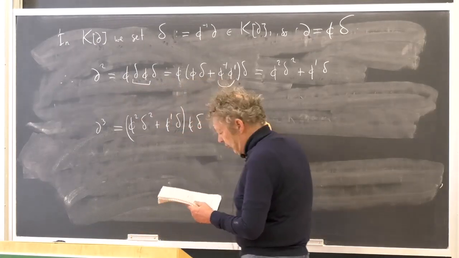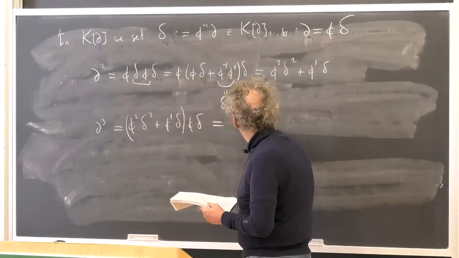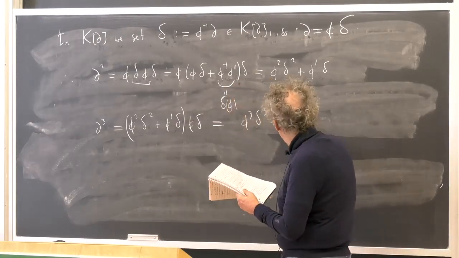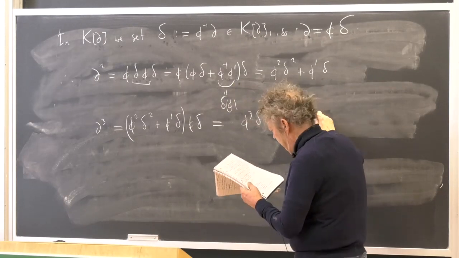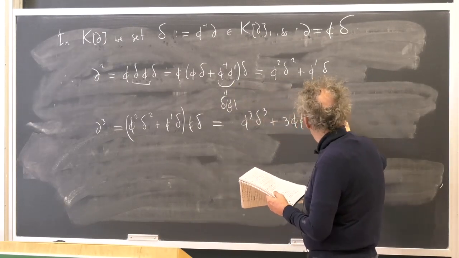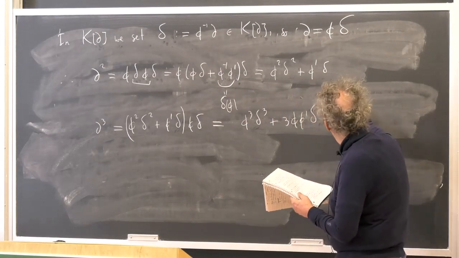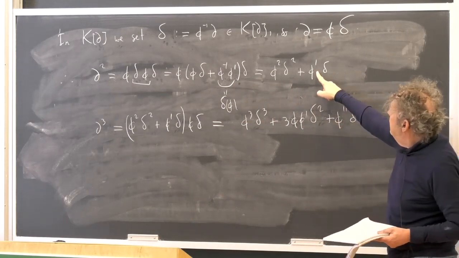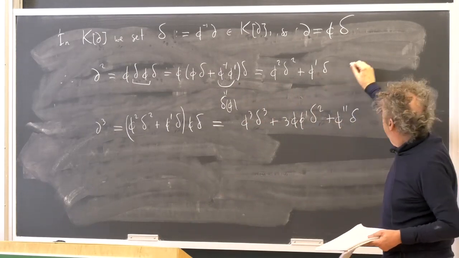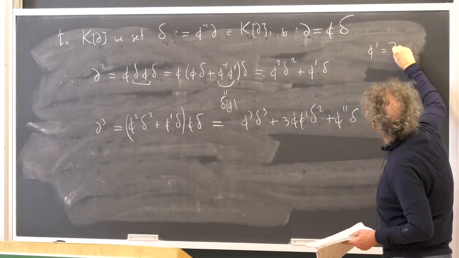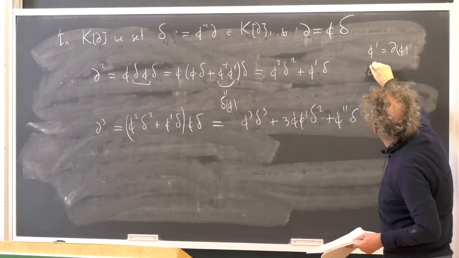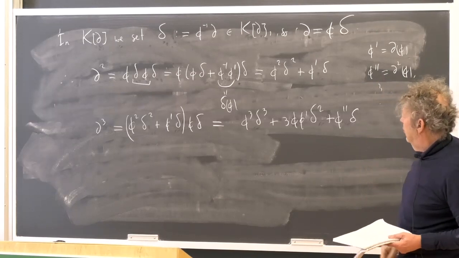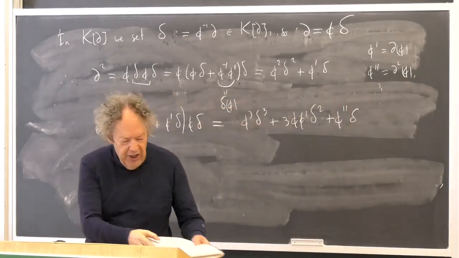If you multiply it all out, you will get phi cubed funny delta cubed plus 3 phi phi prime funny delta squared plus phi double prime funny delta. Here we have to keep in mind that phi prime is the ordinary derivative, and phi double prime is the second derivative, etc.